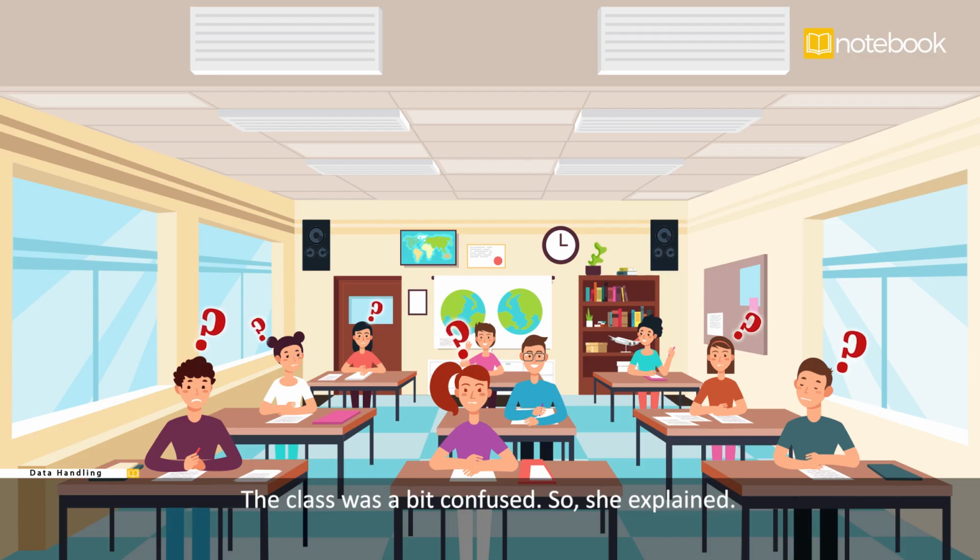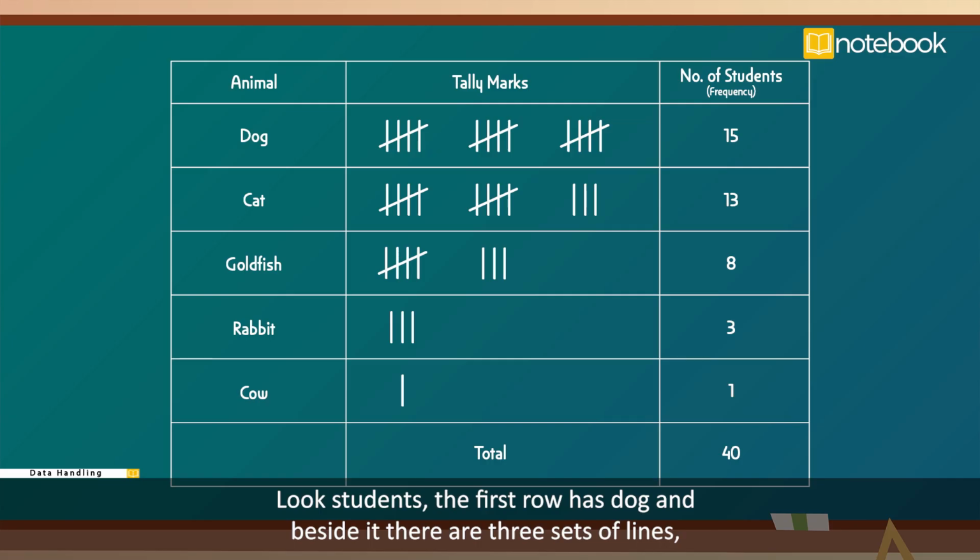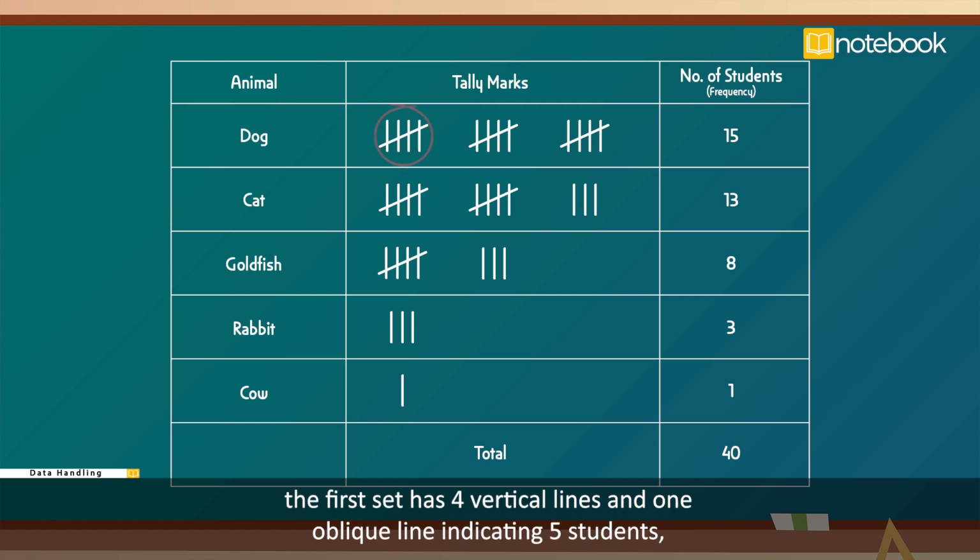The class was a bit confused, so she explained. Look students, the first row has dog and beside it there are 3 sets of lines. The first set has 4 vertical lines and 1 oblique line indicating 5 students.